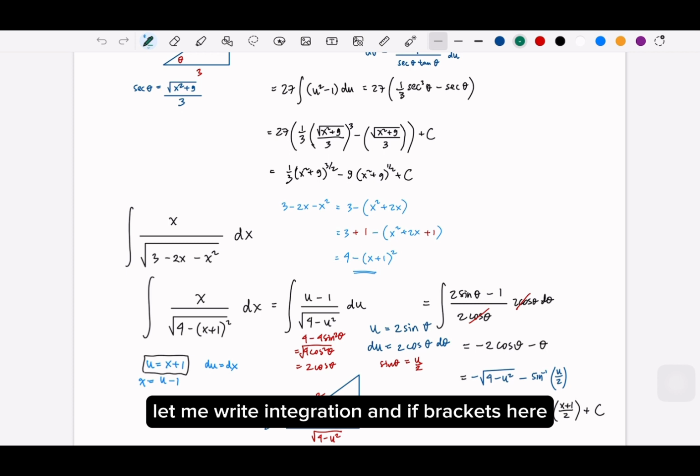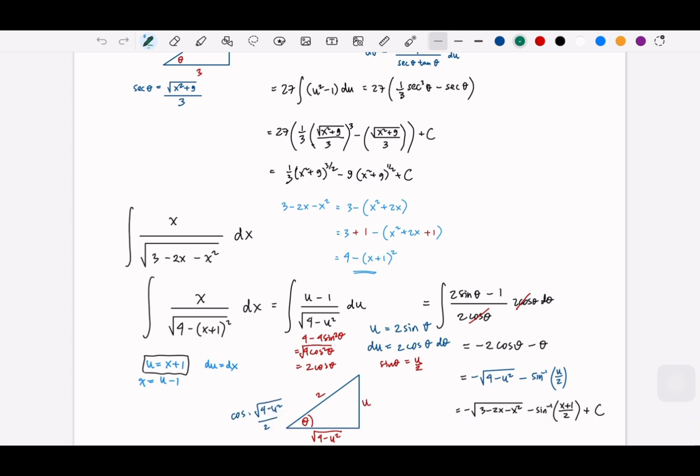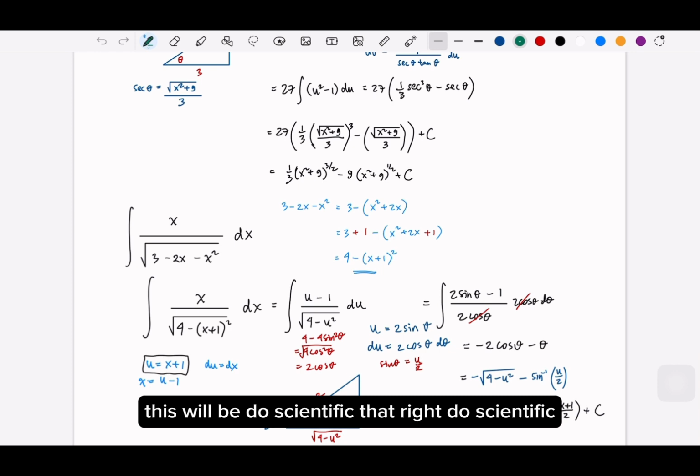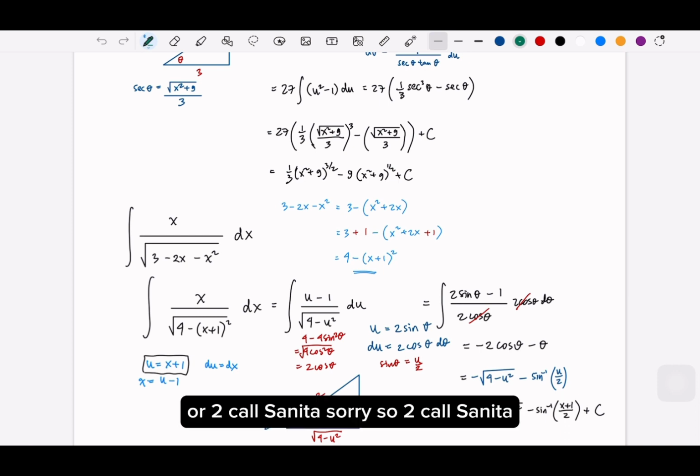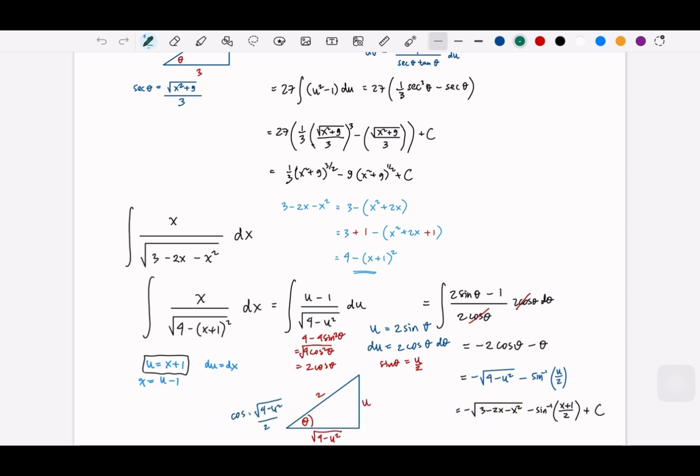Let me write the integration and give brackets here. This will be 2 sine theta minus 1, times 2 cosine theta over 2 cosine theta.